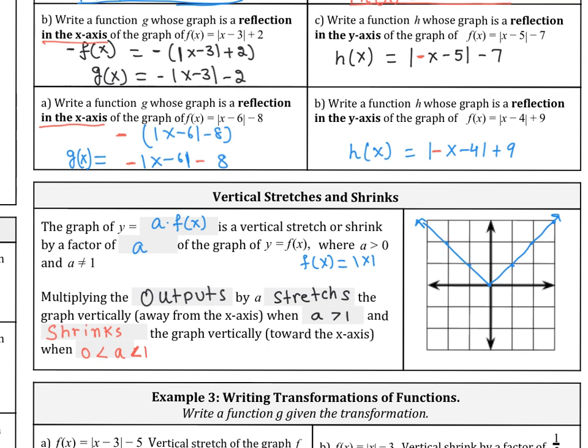Now we are going to get the stretch and shrink graphs. If you multiply the outputs, meaning the y value, by a, it stretches the graph if a is greater than 1. For example, if you multiply by 2, 3, 4, 5, and so forth, it's going to be a vertical stretch.